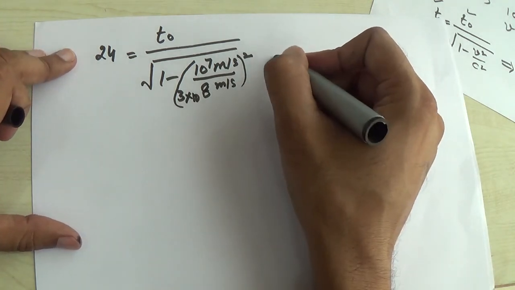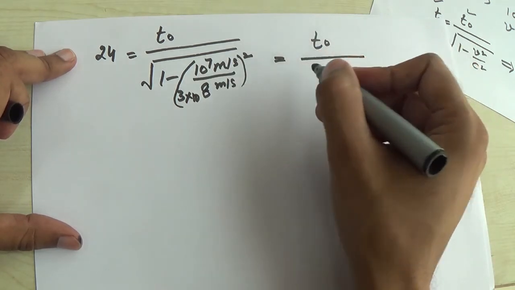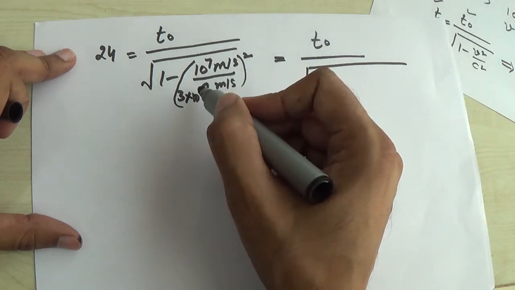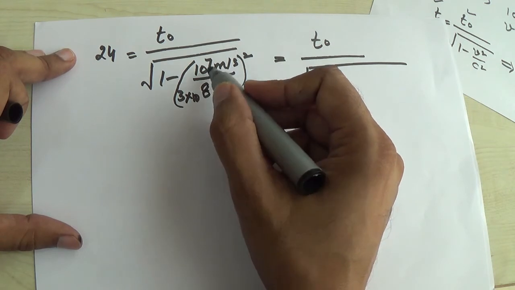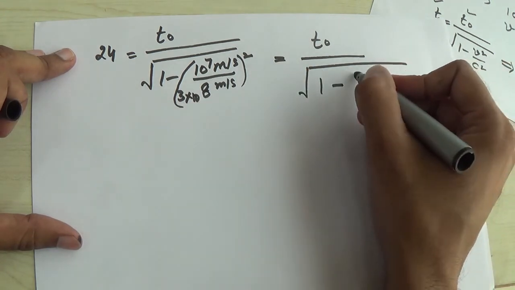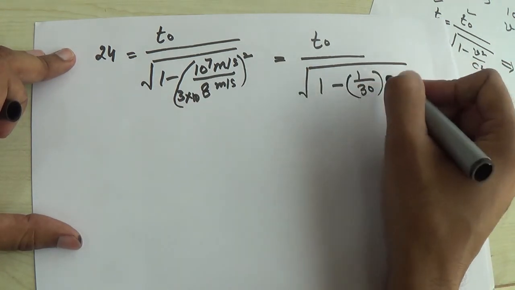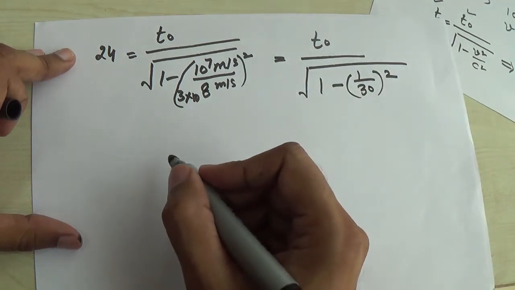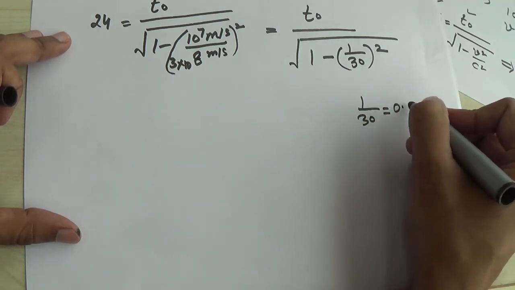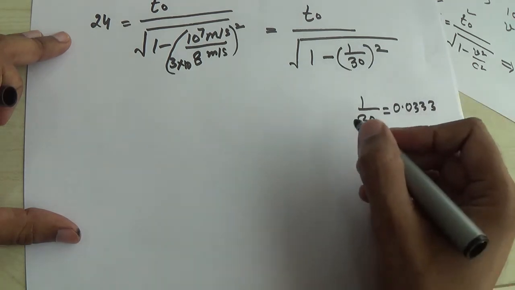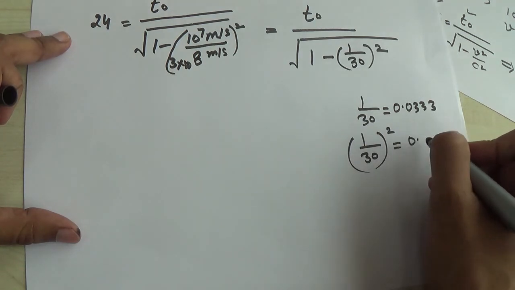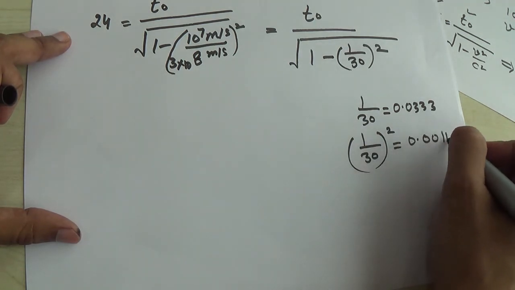So you can find out this is T naught is square root of 1 minus, this is 10 raised to power 7 and this is 10 raised to power 8. So 10 power 7 cancels out, and here is only 10 into 3, that is 30. So 1 upon 30 whole square. I am simplifying it: 1 upon 30 is equal to 0.033, and then its square, 1 upon 30 square, is 0.00111.